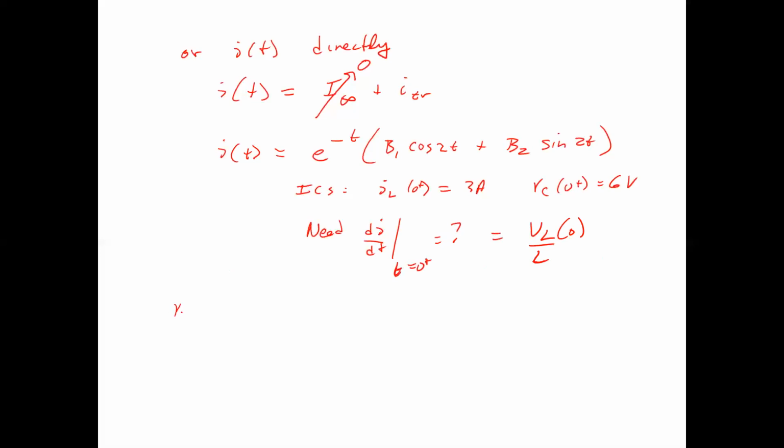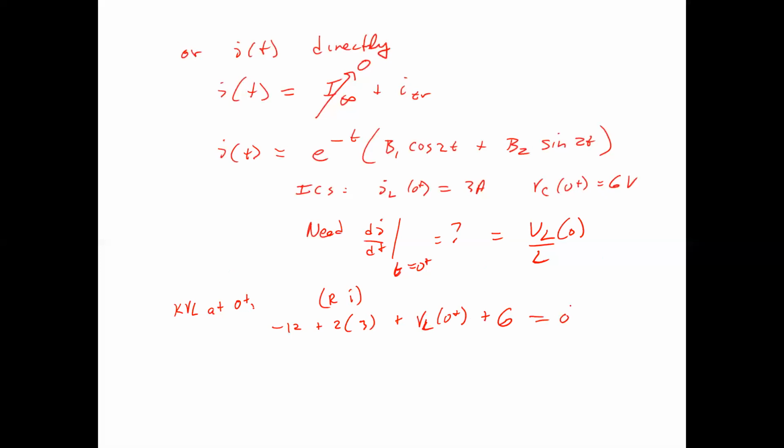So you can do KVL at 0 plus in that original circuit, and you're going to have minus 12 plus 2 times 3, this is the R times I, right? Plus VL of 0 plus 6, which was the initial capacitor voltage, has to all equal 0.